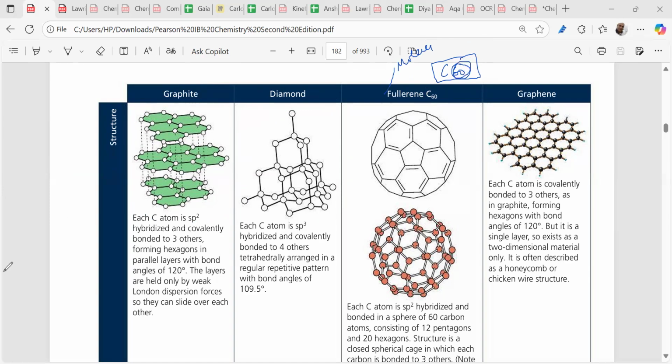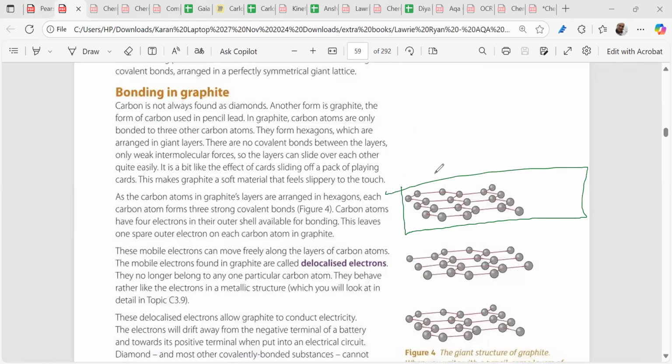Now come to graphene. What is graphene? Graphene is only a single layer of graphite. This is the technology which humans have reached. If you can take out a single sheet of graphite, we get graphene. Graphene is very important and widely used.